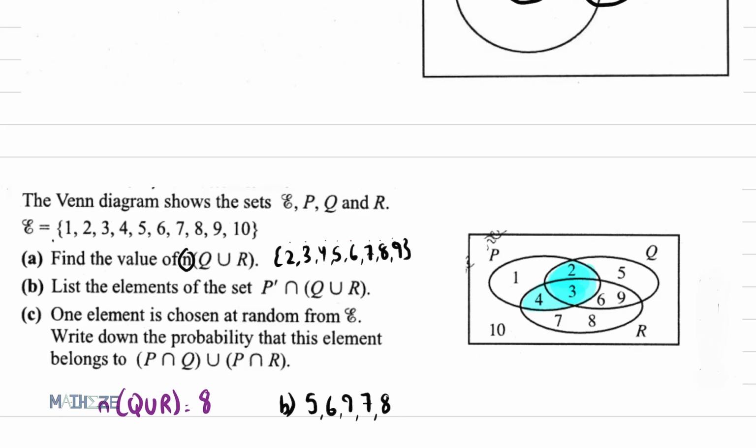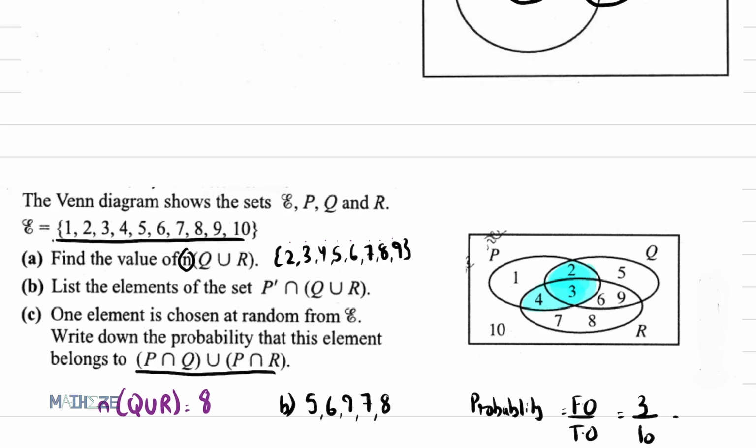And how many total elements in the question, children? It's 10. What is the formula of probability, my child? It's favorable outcomes upon total outcomes, right? So there are 3 elements that are part of this set notation, 2, 3 and 4. And in total the question has 10 elements. So my probability will be 0.3.